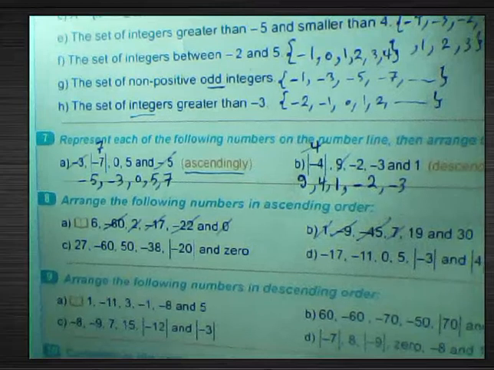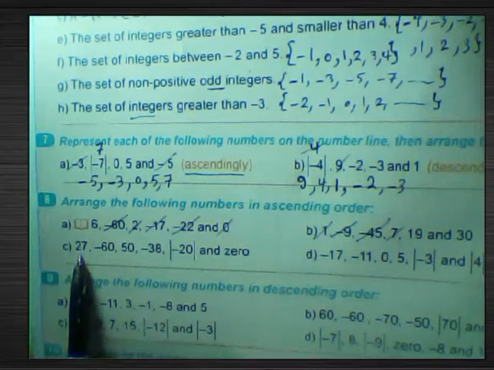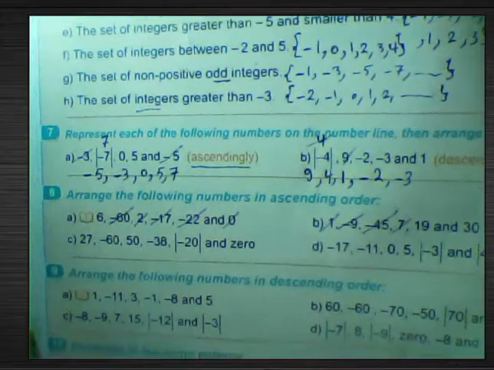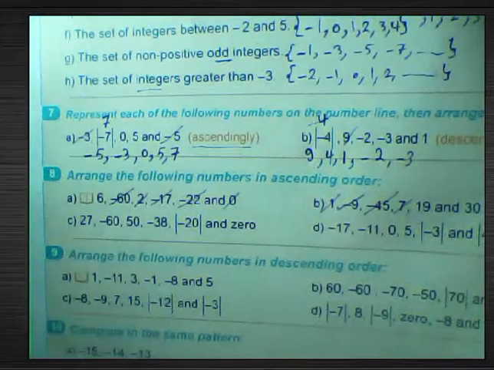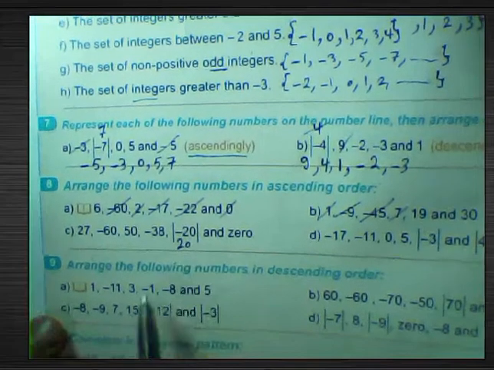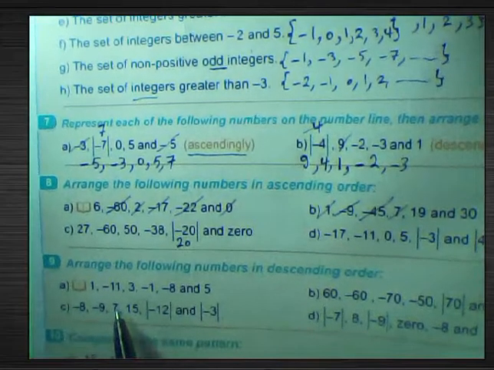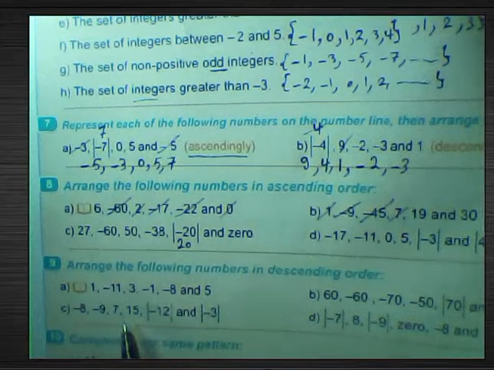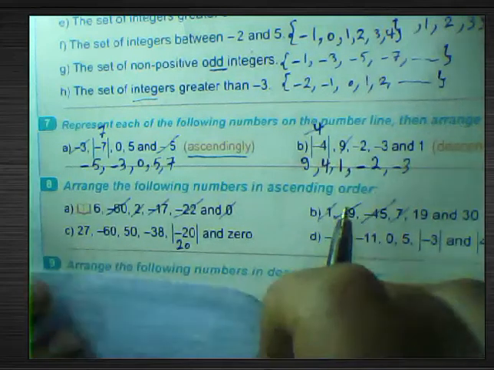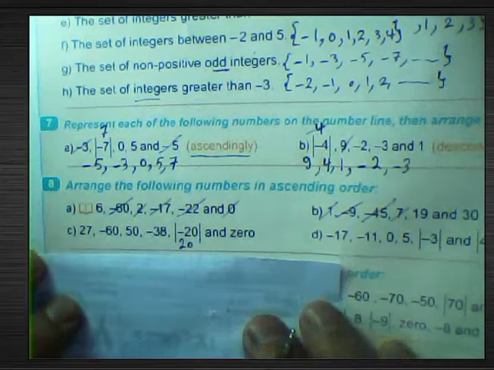Question C, 27, negative 60, 50, negative 38, the absolute value of negative 20 and 0. First, the absolute value of negative 20 equals 20. So you can write the ascending order from smallest to greatest.